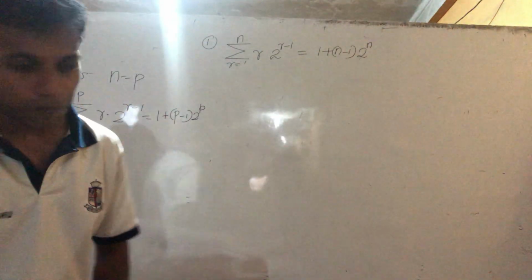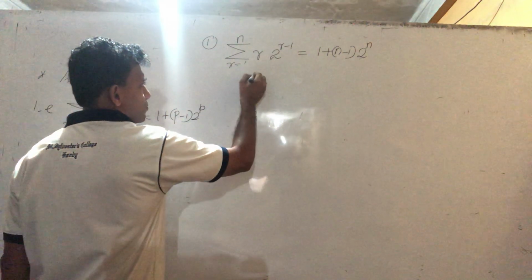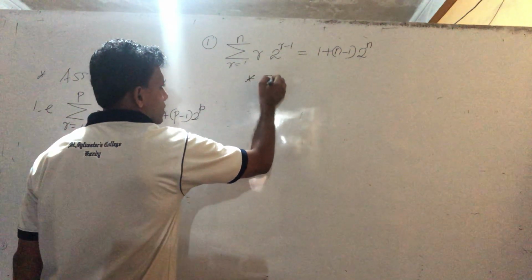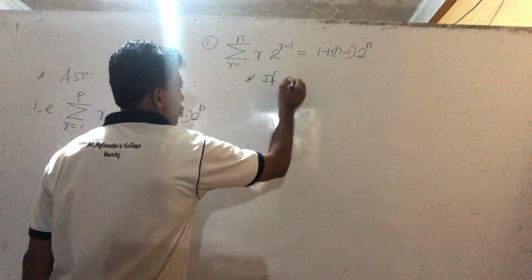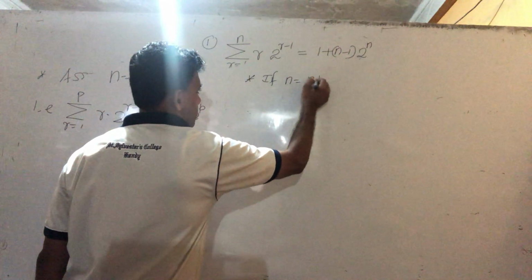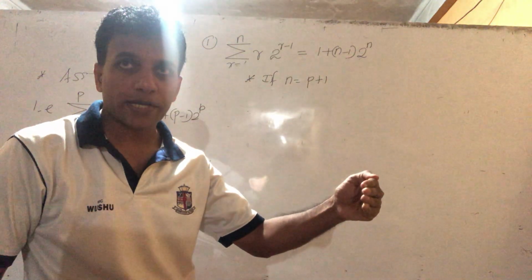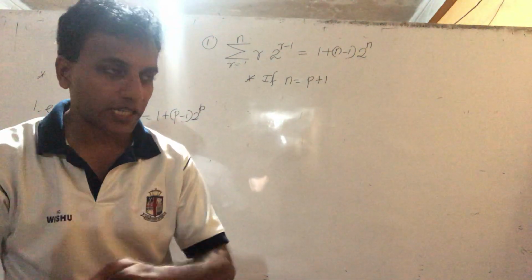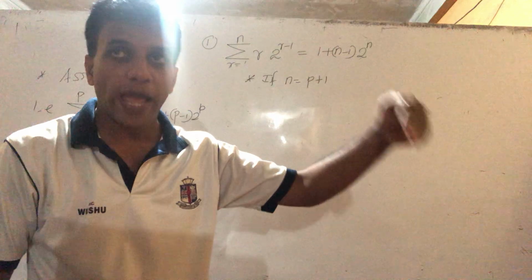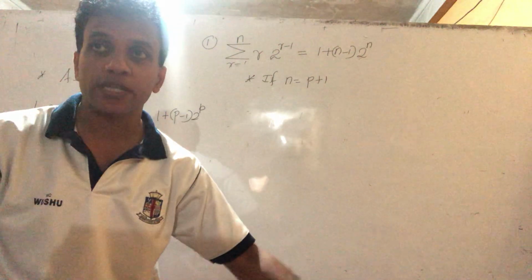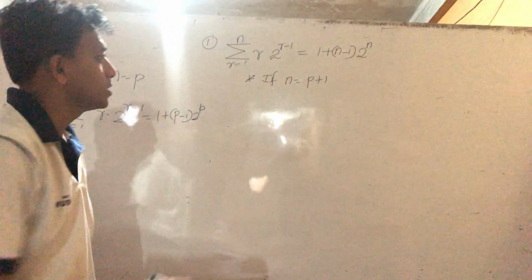If n equal p plus 1, that means we are adding up p plus 1 terms, from the first term, second term, third term, fourth term up to the p plus 1's term.